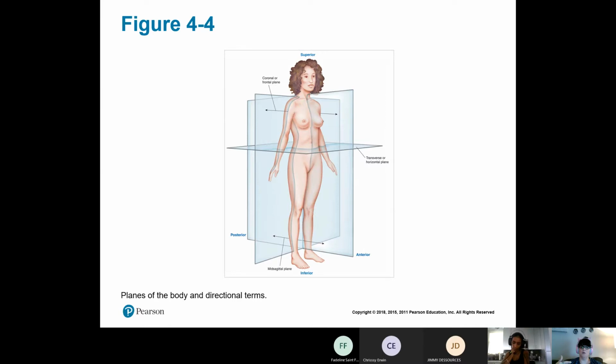There's going to be additional terms that we're going to add to this, like distal and proximal and so forth. But right now, the main thing I need you to understand is that when it comes to a patient, their front portion is anterior, their back portion is posterior.